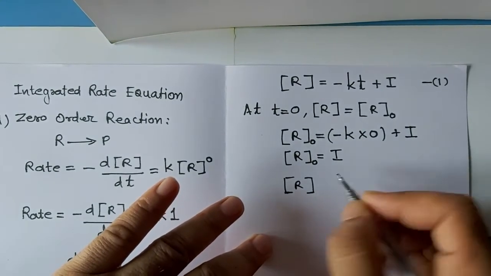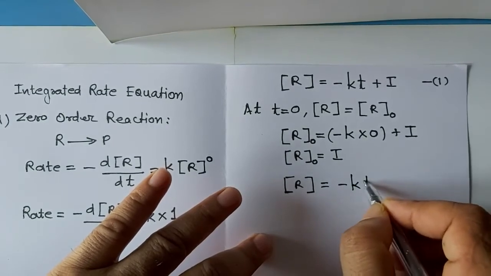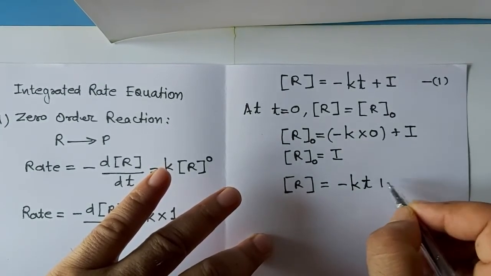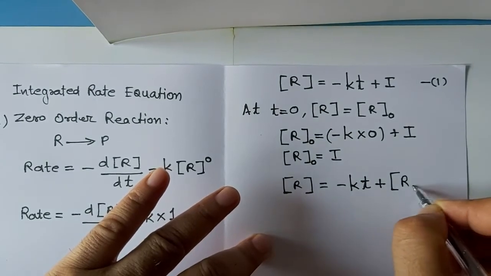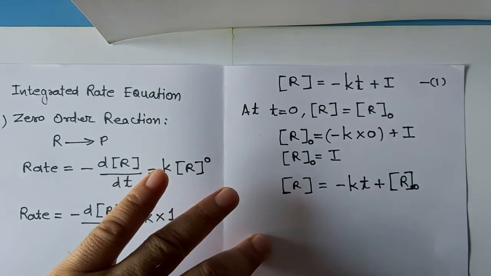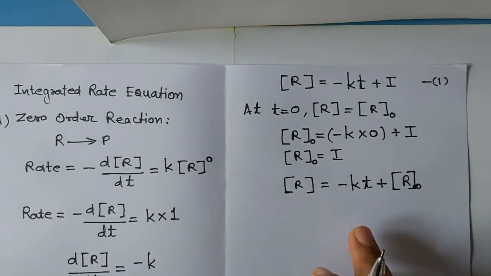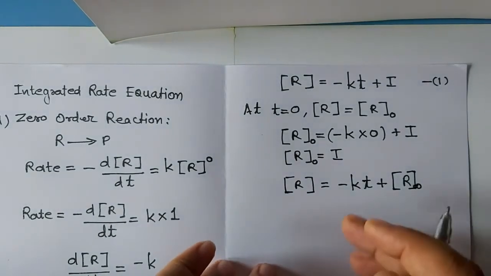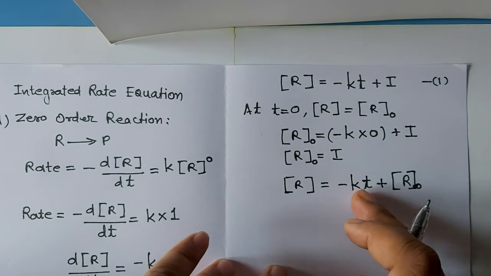R is equal to minus kt plus R0. So it becomes like this. Now we can move certain values to the other side.